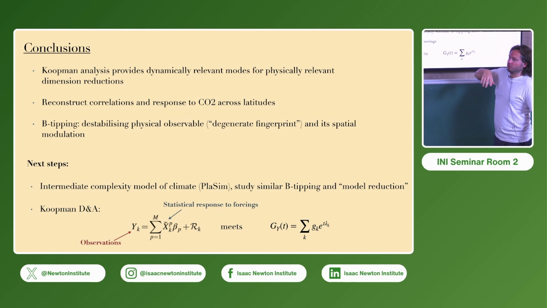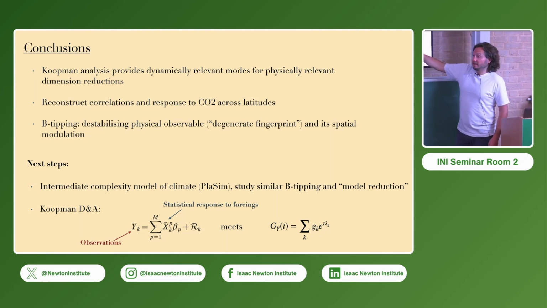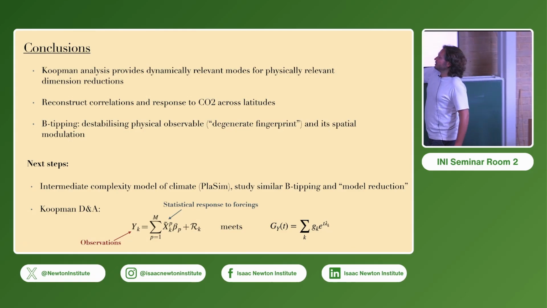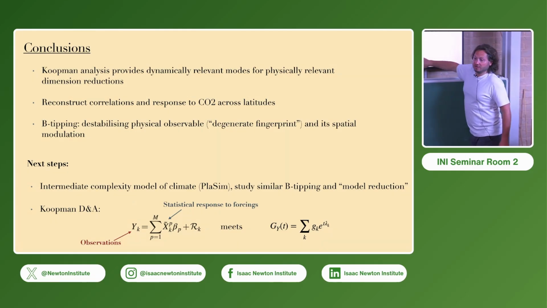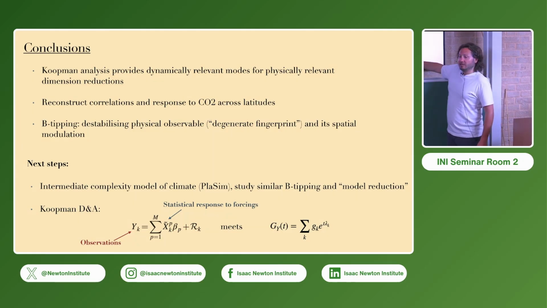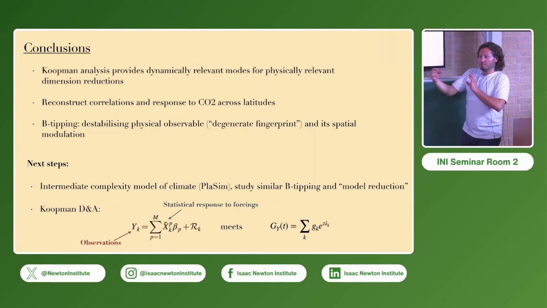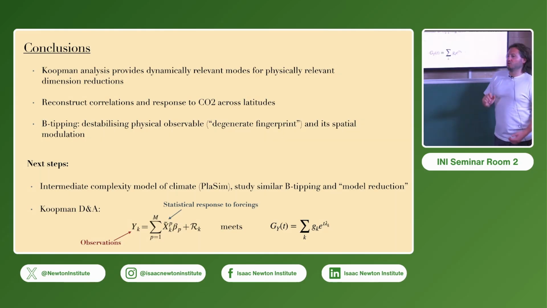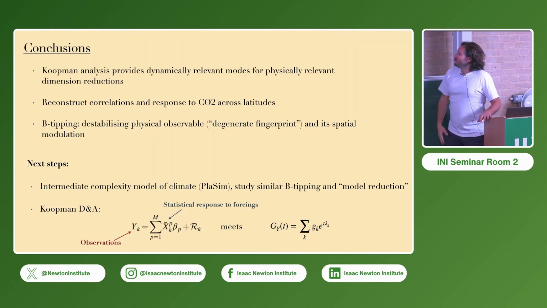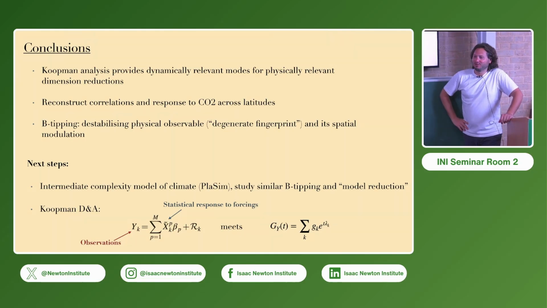Valerio and Michael have shown that you can frame this method in linear response theory. The idea here is that if these fingerprints are basically Green's functions, and we can decompose the Green's function into these modes, can we reframe detection and attribution in terms of these modes? But this is future work, so I will let you know in a few months.